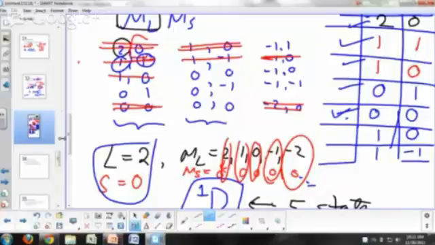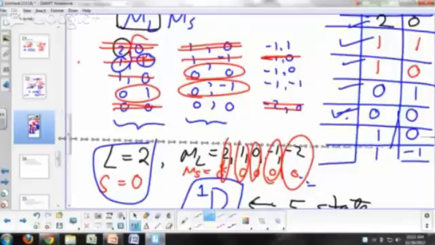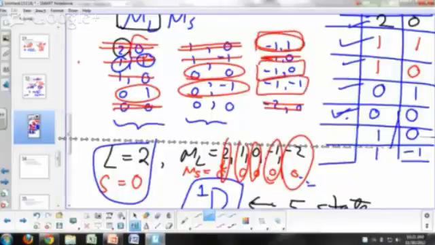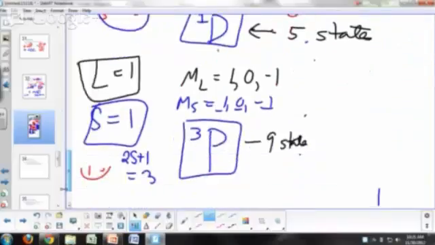So you have 0, 1, 0, 0, and 0, -1. That's another 3, right? And then you have M sub L equals -1, M sub S equals 1, 0, and -1. That takes care of the other 3. So that takes care of all 9 possible quantum states.